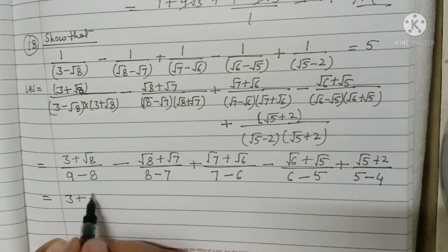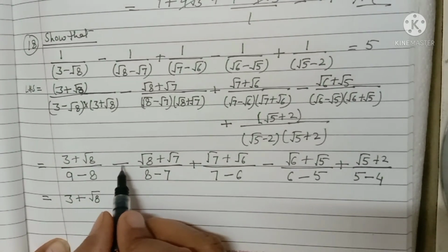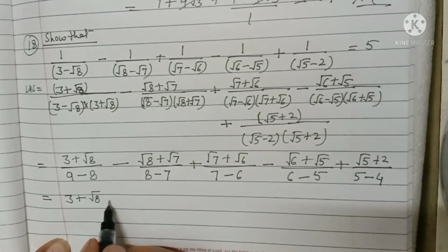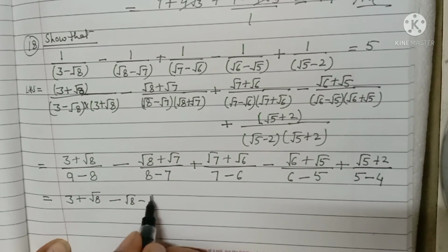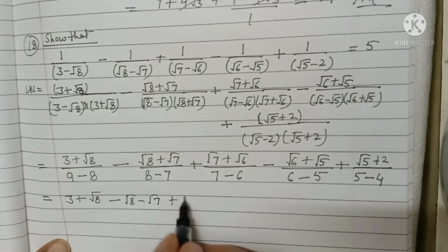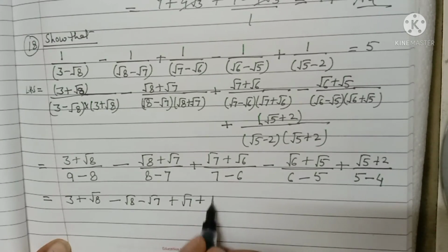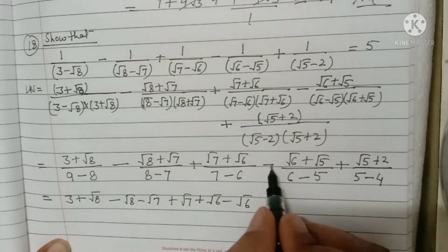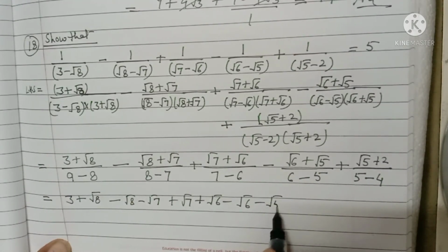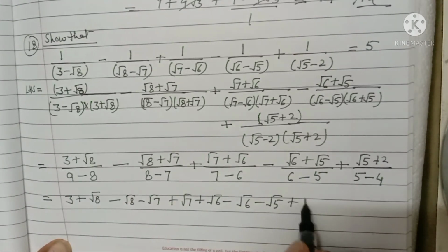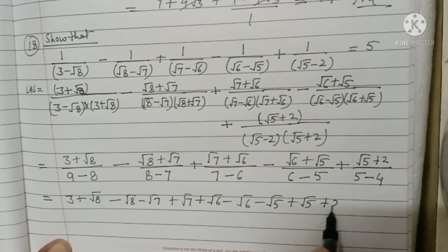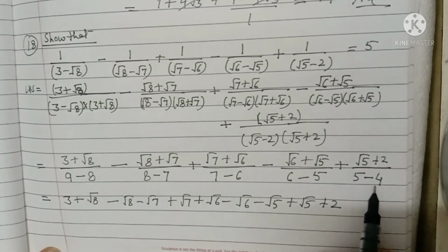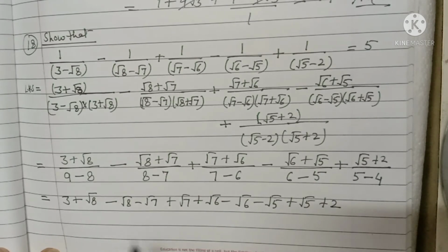3 plus root 8. Now multiply this minus sign in both the factors. So minus root 8 minus root 7. This becomes plus root 7 plus root 6. This becomes minus root 6 and minus root 5. And this is plus root 5 plus 2. All the denominators become 1. No need to write.